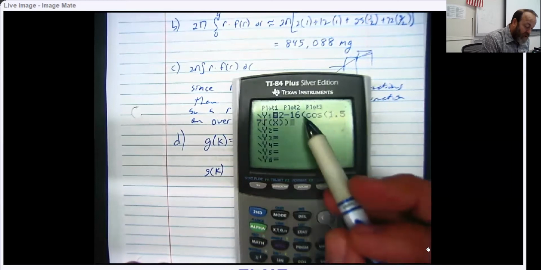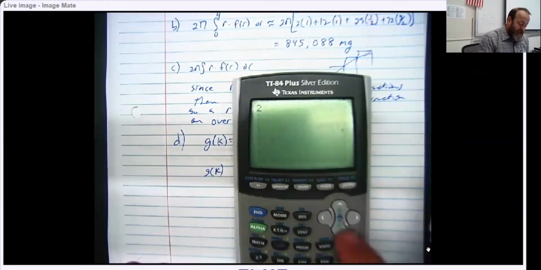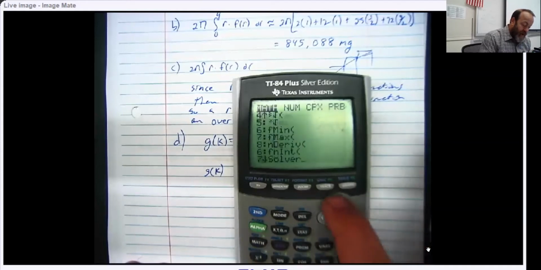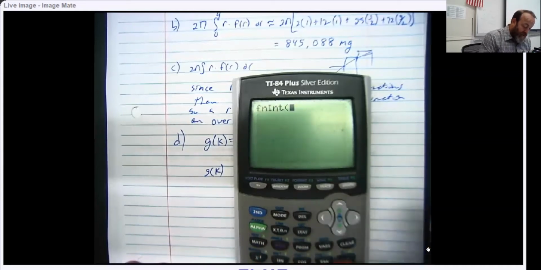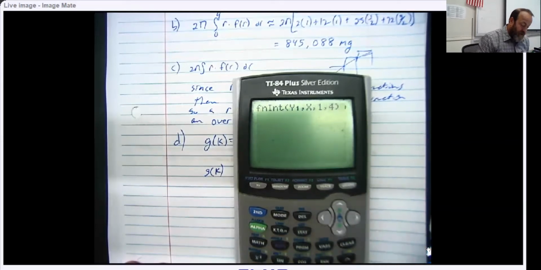I opened this, I opened this, so I need 3 closes to get all the way to here, and this whole thing is supposed to be cubed. And I needed to take the integral of function y1, comma x, comma 1, comma 4. And then, of course, divided by 3.